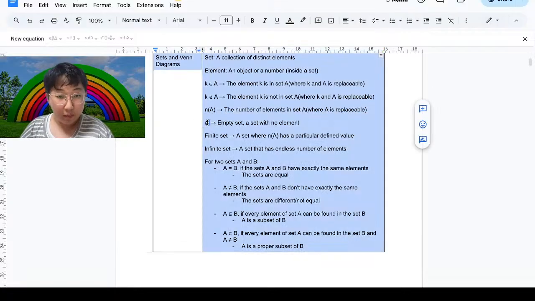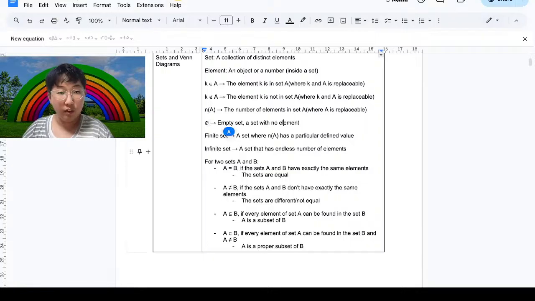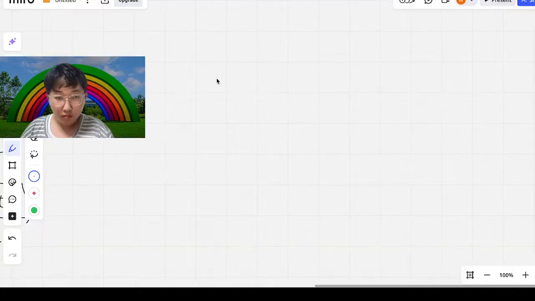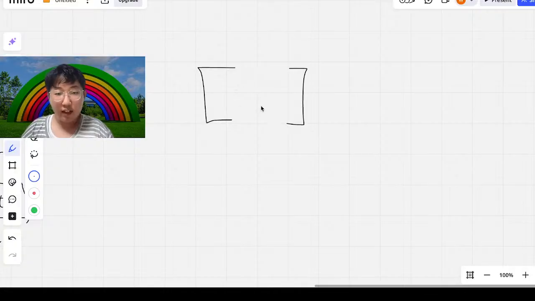What is this symbol? An empty set, a set with no elements. What does this mean? We have a set, and we have nothing in it. There are no numbers, no elements in it.